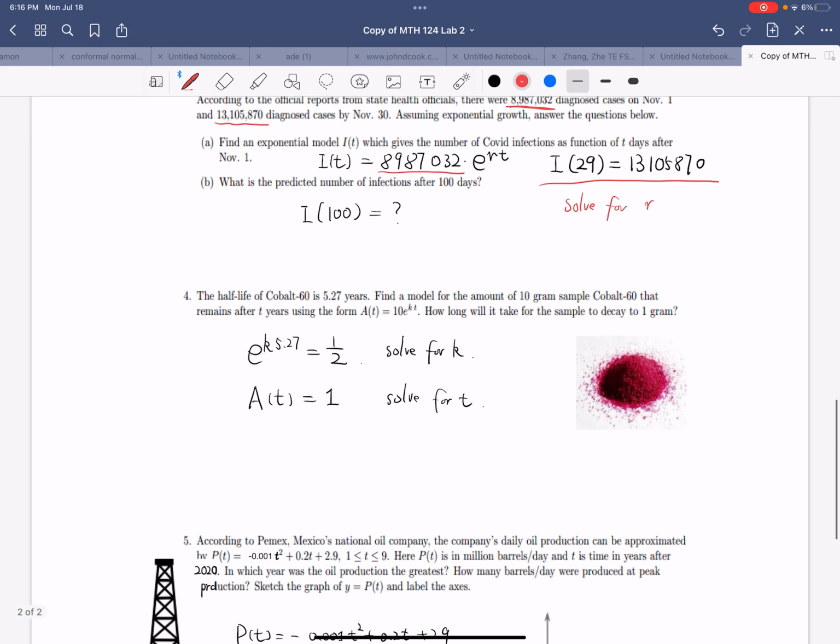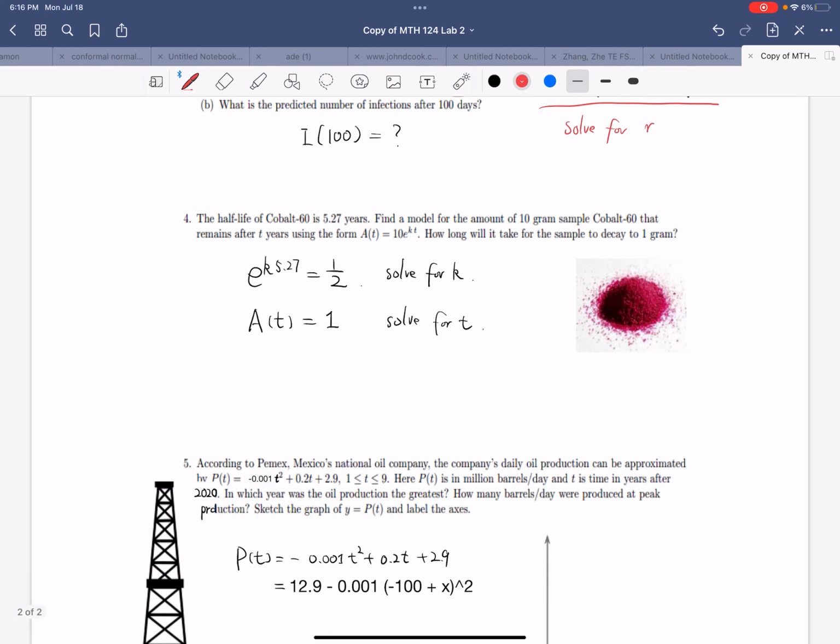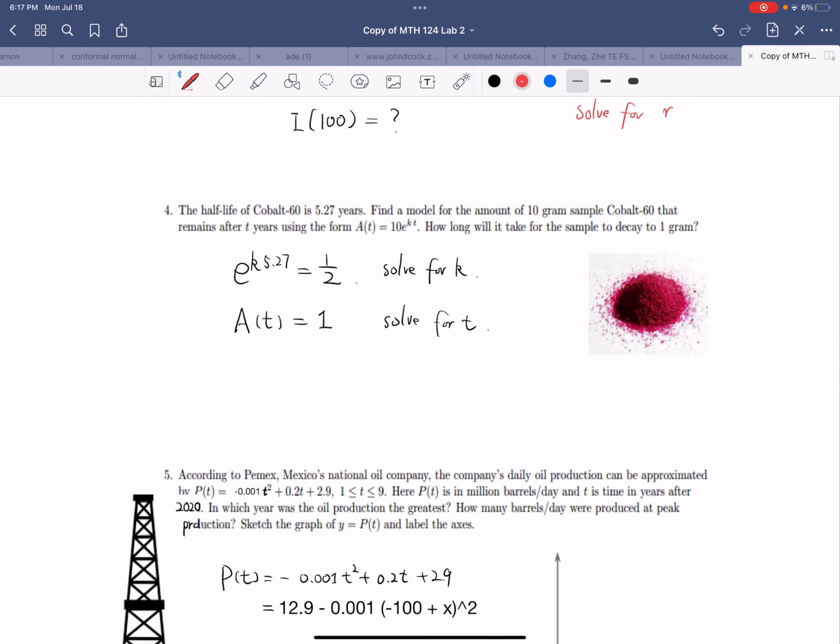Okay, the fourth question is again an exponential model, but here it is exponential decay instead of exponential growth. The idea is exactly the same. The half-life is 5.27.